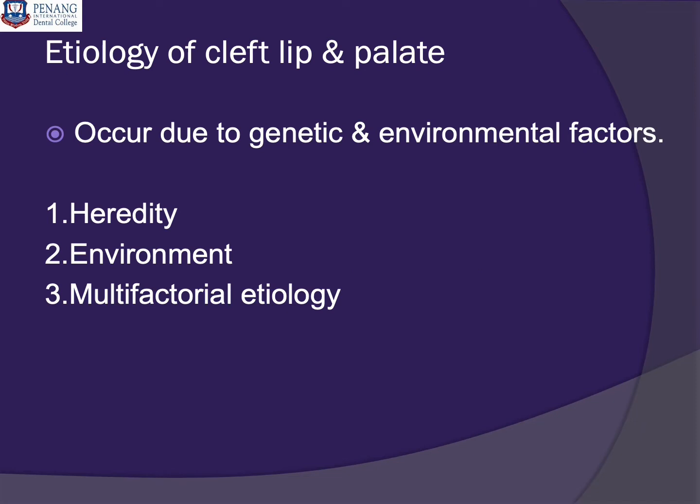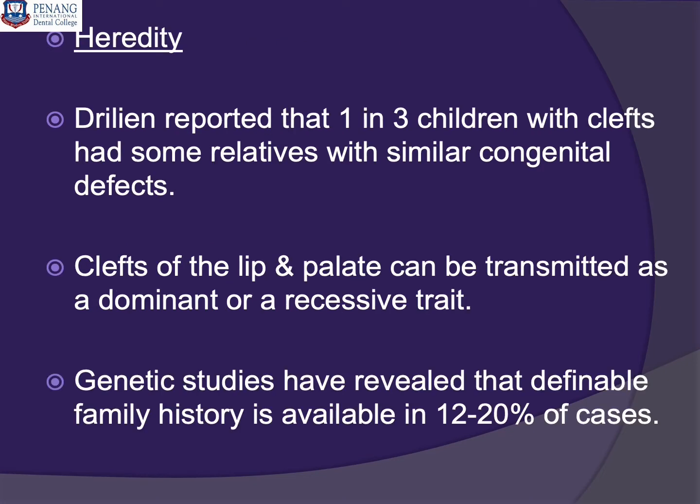So now we will look into the etiology of cleft lip and palate. It can occur due to genetic and environmental factors, and I will explain one by one. It's either hereditary, environmental, or another one is multifactorial etiology. Now we will look into hereditary.